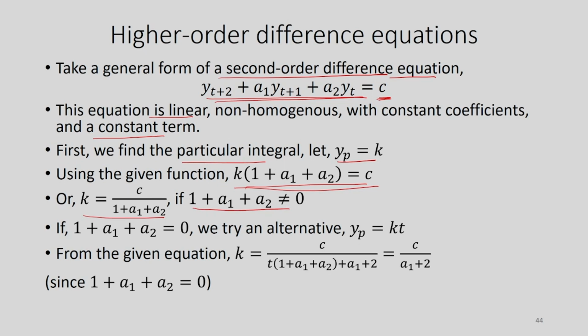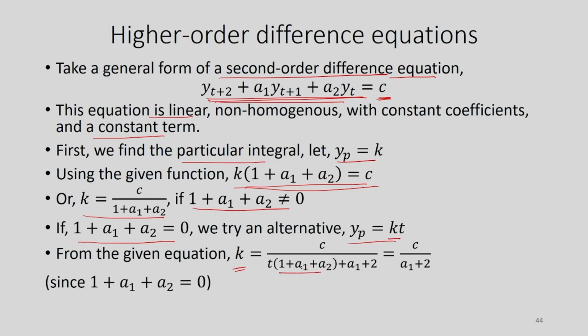But what happens if 1 plus a1 plus a2 is equal to 0? Then we have to try some alternate solution. I take yp, the particular integral, to be a function of t, k multiplied by t. Again I put this in this equation, and if I solve it, I will get k is equal to c divided by (1 plus a1 plus a2) plus (a1 plus 2).